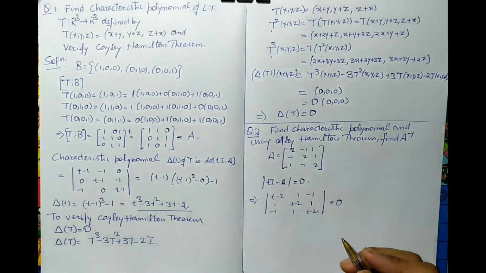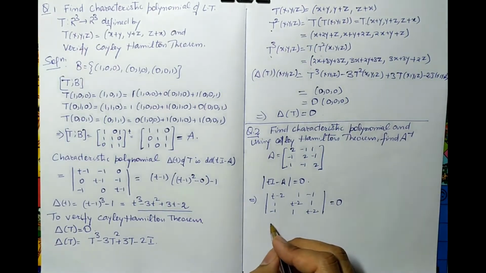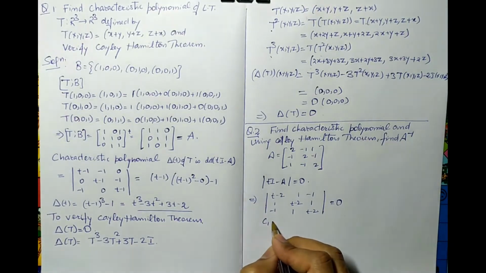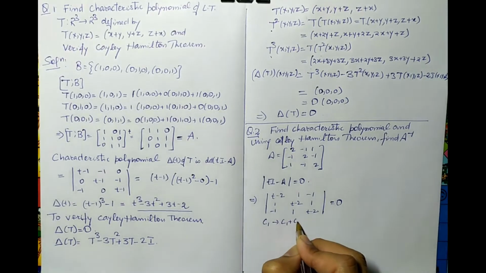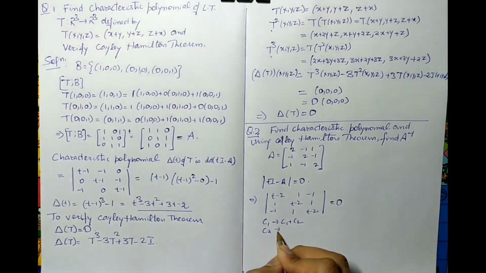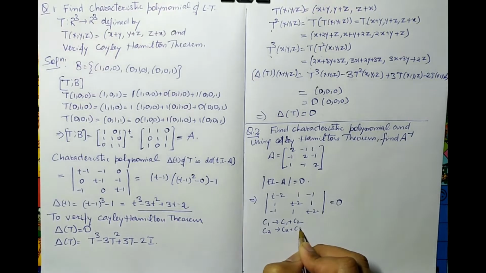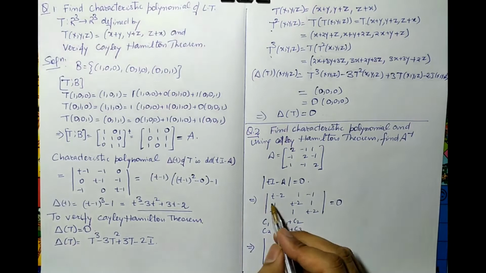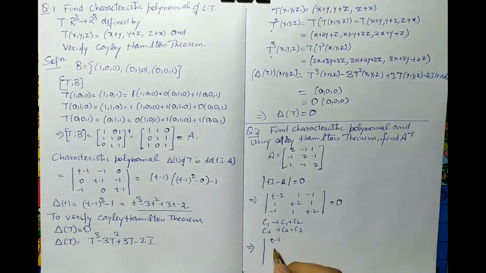To find the determinant we will first simplify it by applying some operations: on column 1, C1 plus C2, and on column 2, C2 plus C3, which will reduce this determinant into the form, adding these two columns, t minus 1, 0, and here 0, t minus 1, t minus 1, minus 1, 1, t minus 2.